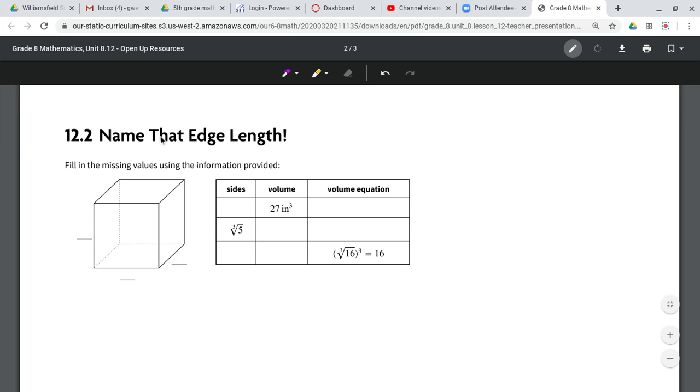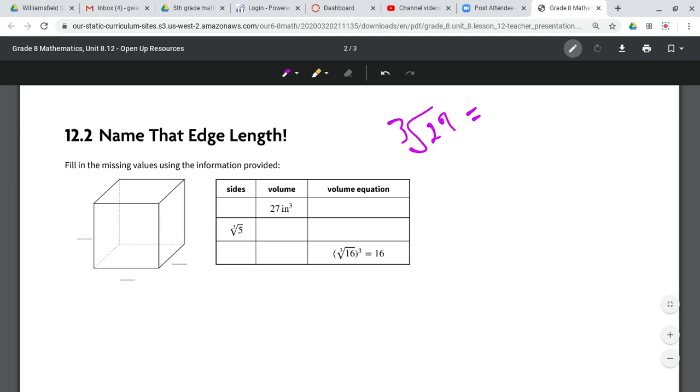All right, so name that edge length. Fill in the missing values using the information provided. So if we have a volume of some cube is 27 inches cubed, what is the side length going to be? Well, what we do is we're going to take the cube root of 27.